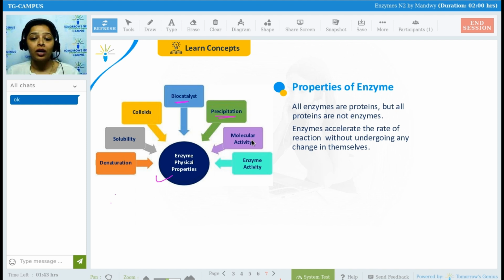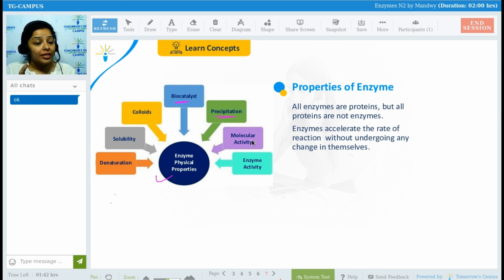Amphoteric means the amino end and the carboxylic end of the amino acid in the chain. That is called amphoteric.